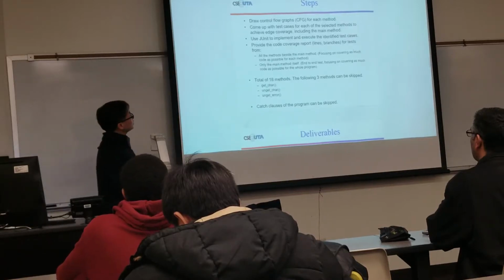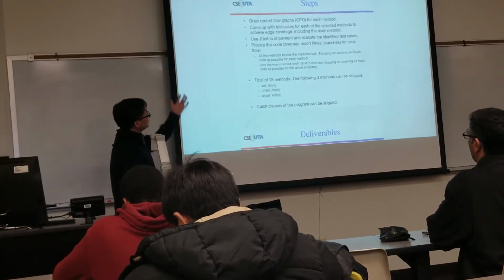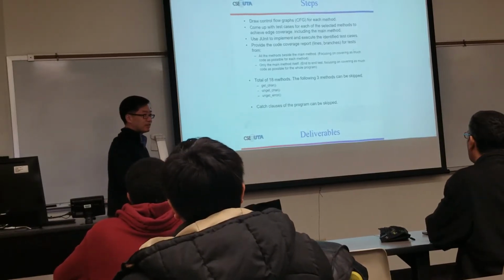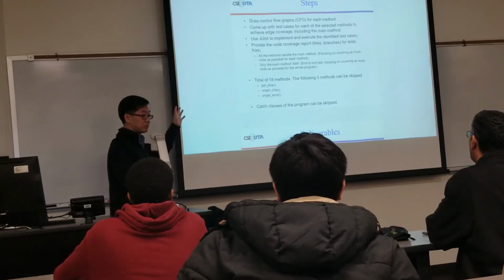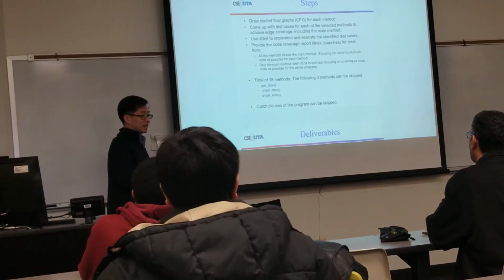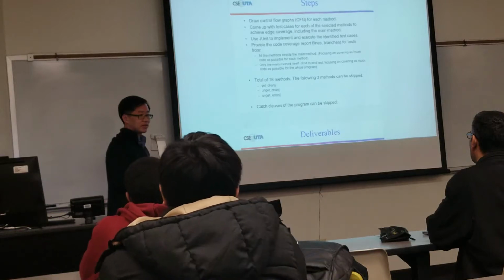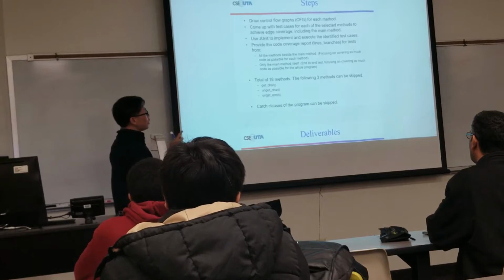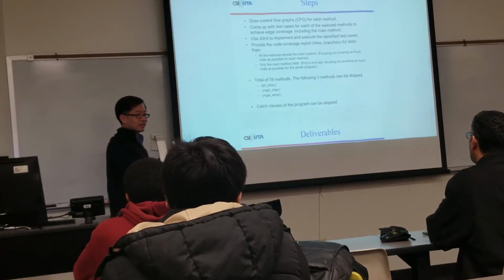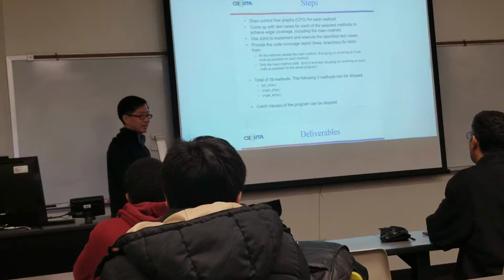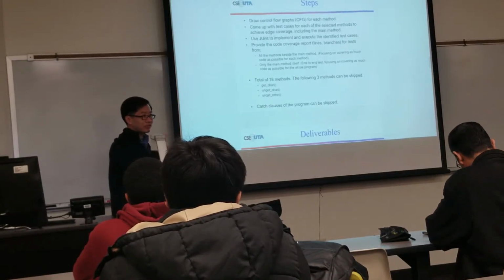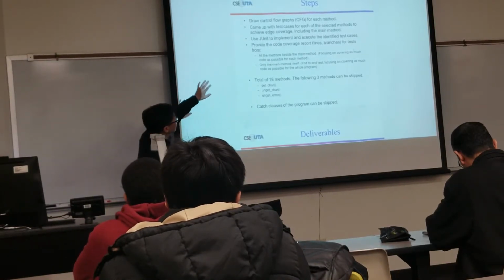So what you need to do, okay? First you need to create a control flow graph for each method in your program. The program has quite some methods, and for each method you want to create a control flow graph. I just want to mention that you only need to do that for a method that has at least one branch. If a method, like a get method, has no real control structure, you don't have to create the control flow graph.